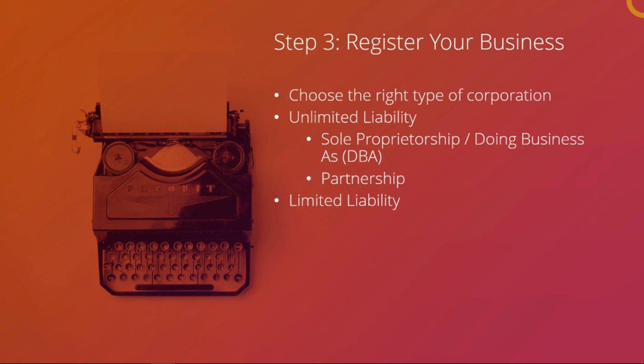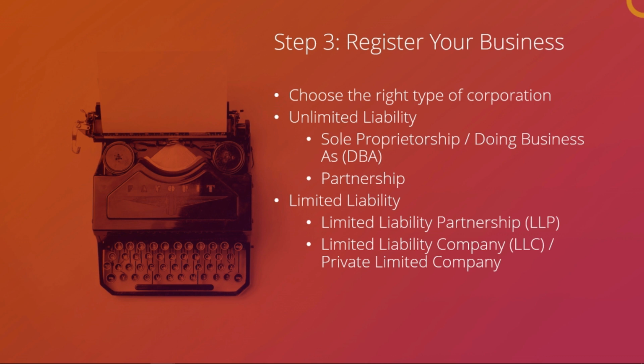Then let's look at limited liability. A limited liability company is the opposite of unlimited, which means that if someone tries to sue your company, they could not go after the personal assets of its owners. The easiest to do is the limited liability partnership, LLP.